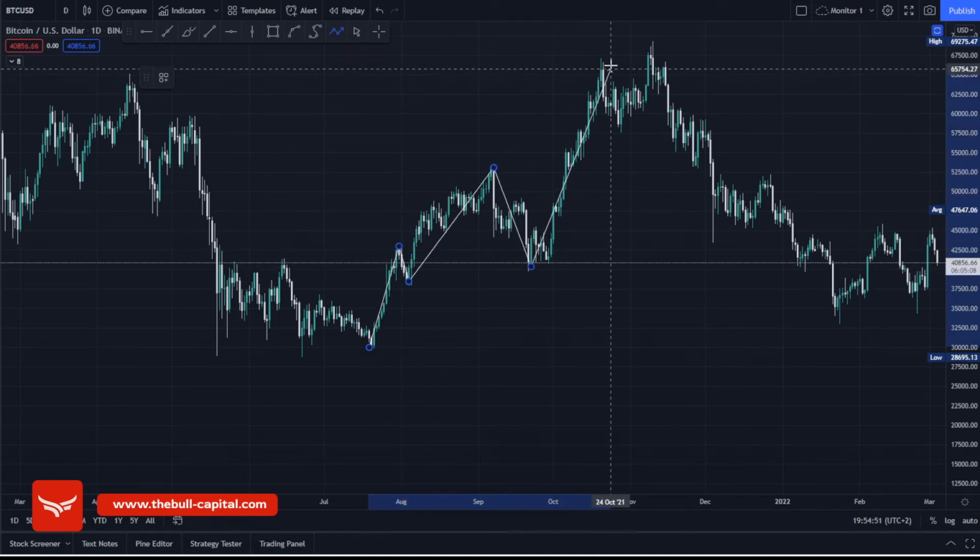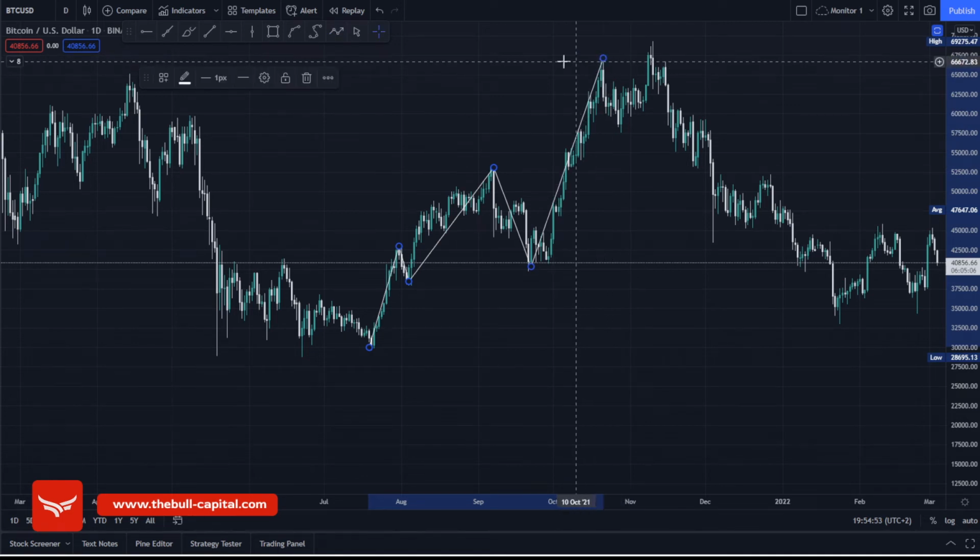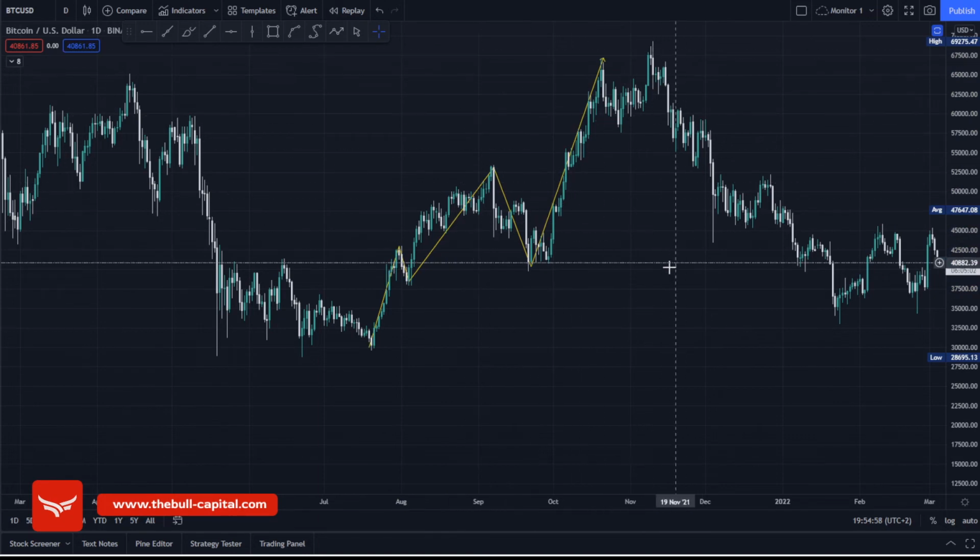Maybe all these swings, on a higher time frame, maybe weekly or monthly, are only one swing. So one swing on monthly can be multiple swings on daily.